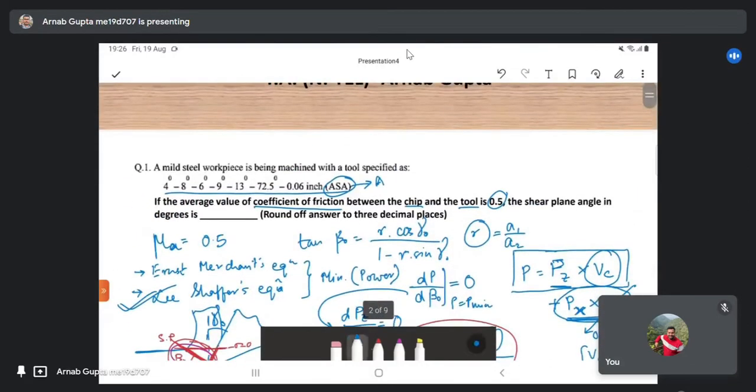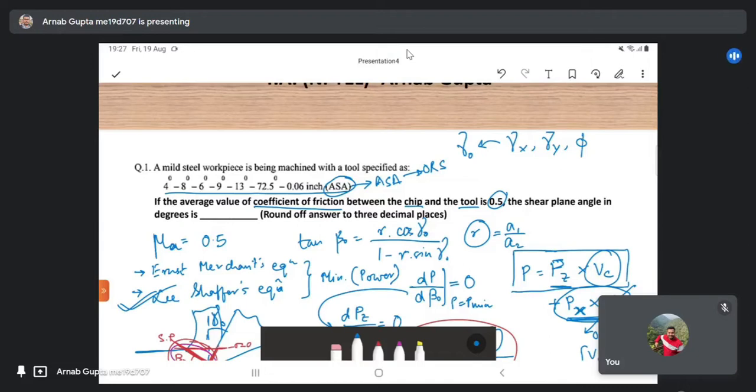You have to first convert this ASA to ORS, that is the orthogonal rake system. Since the machining is happening in the orthogonal plane, you have all the angles in the orthogonal plane. So you need to find out gamma naught from gamma x, gamma y, and the principal cutting edge angle, right?